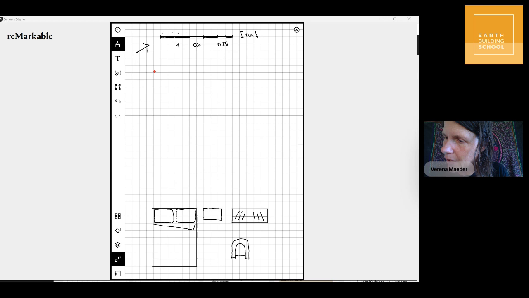Thinking, like 1 meter, 2 meters, 3 meters, 4 meters, 0.2, so nearly there. And then the other dimension being 2.4, so 1 meter, 2 meters, 2.4, so one more. Yeah. So then the same thing here.